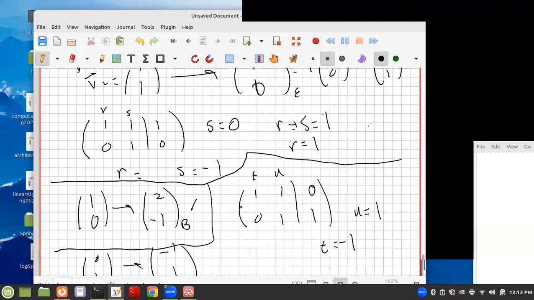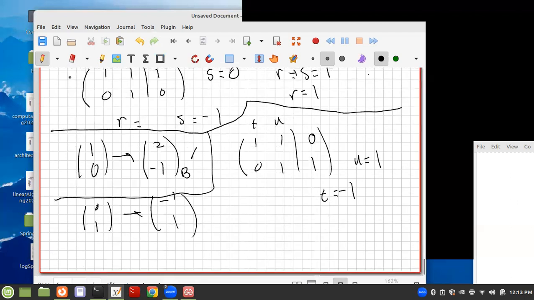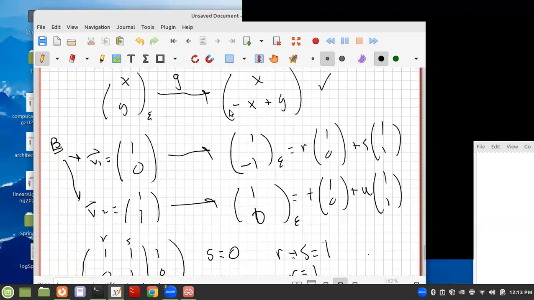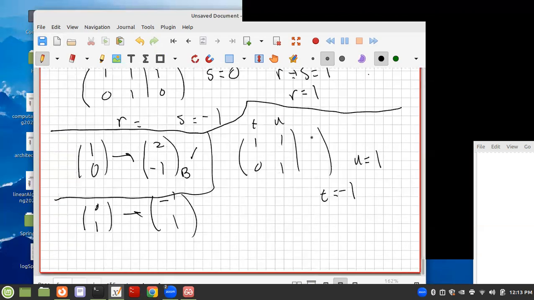But we go to the next one, and the image here is 1, 0. Okay. Sorry for your notes. Therefore u equals 0 and t plus u equals 1 and t equals 1.